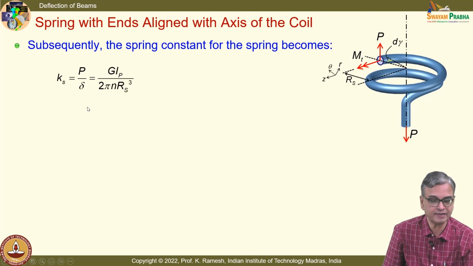So Ks is P by delta. So that comes out to be G Ip divided by 2 pi N Rs cube.